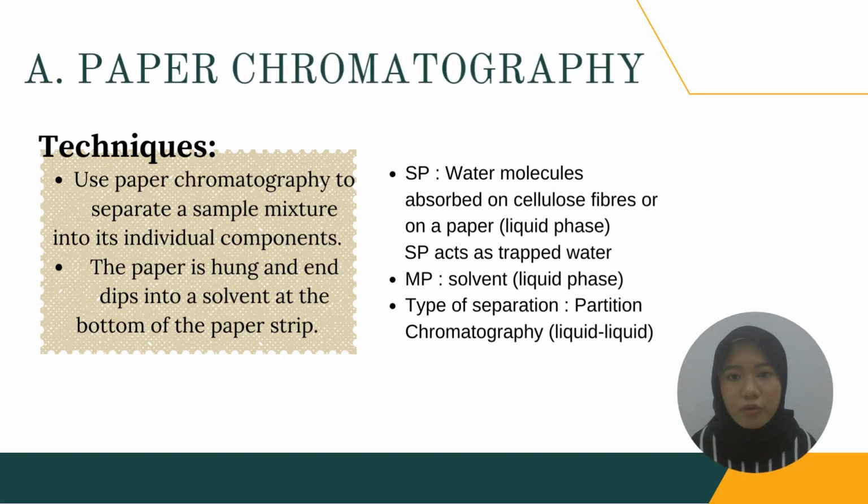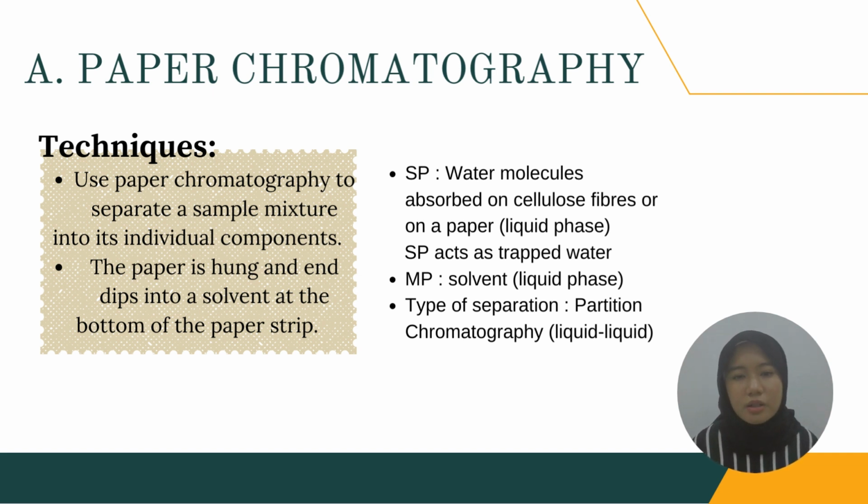So for paper chromatography, the technique is that we use paper to separate a sample mixture into its individual components. The paper must be hung and dipped into a solvent at the bottom of the paper strip.